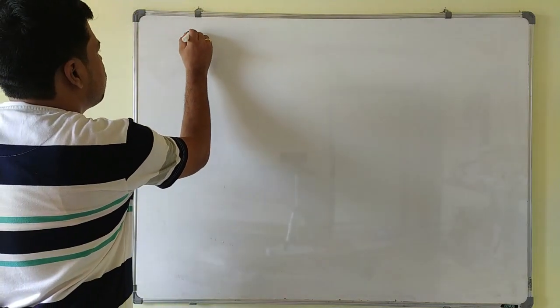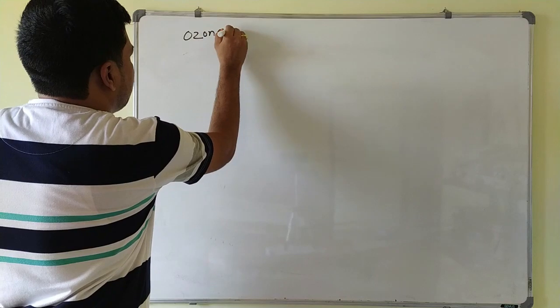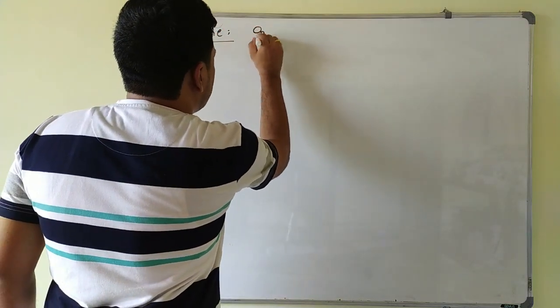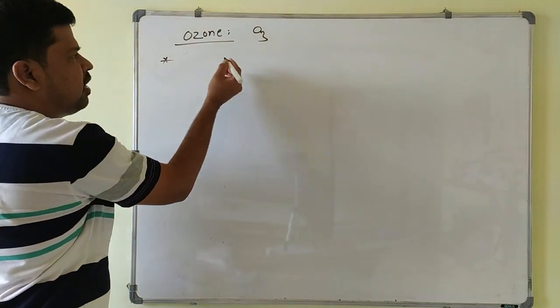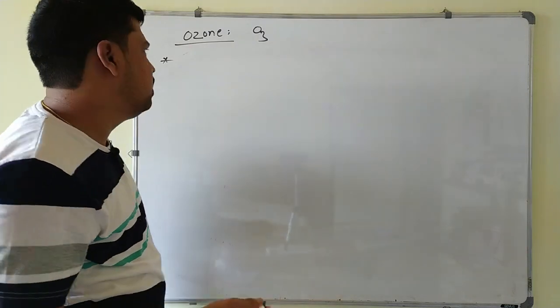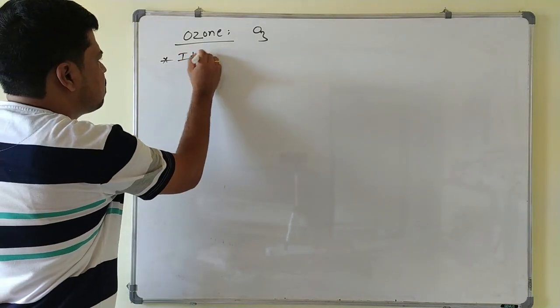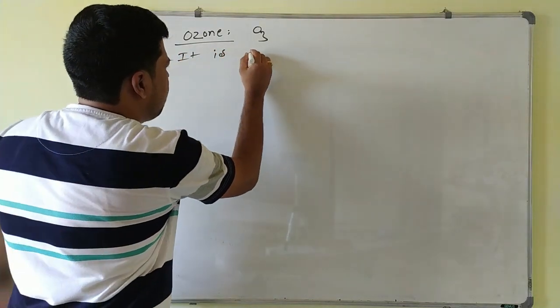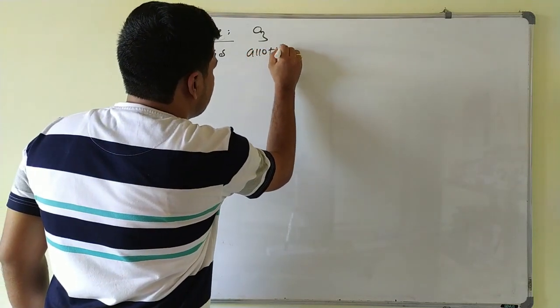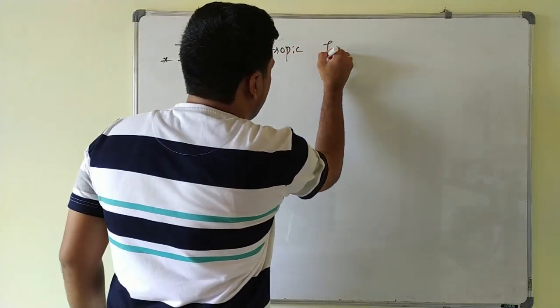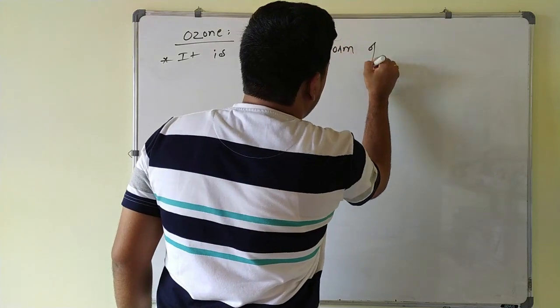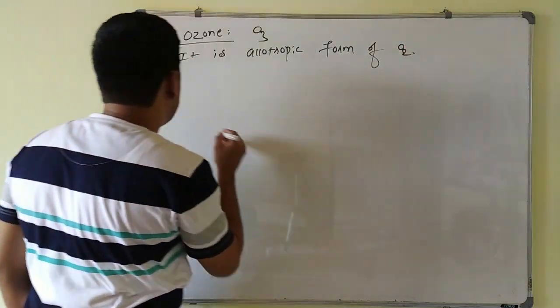So ozone, the formula of ozone is O3. As we know, it is one of the allotropic forms of O2.